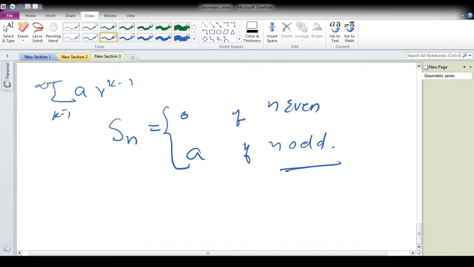In that case, we say Sn does not converge, Sn is divergent. First we already proved that in the case of r equal to 1, Sn is divergent. Here r equal to minus 1, also Sn is divergent.